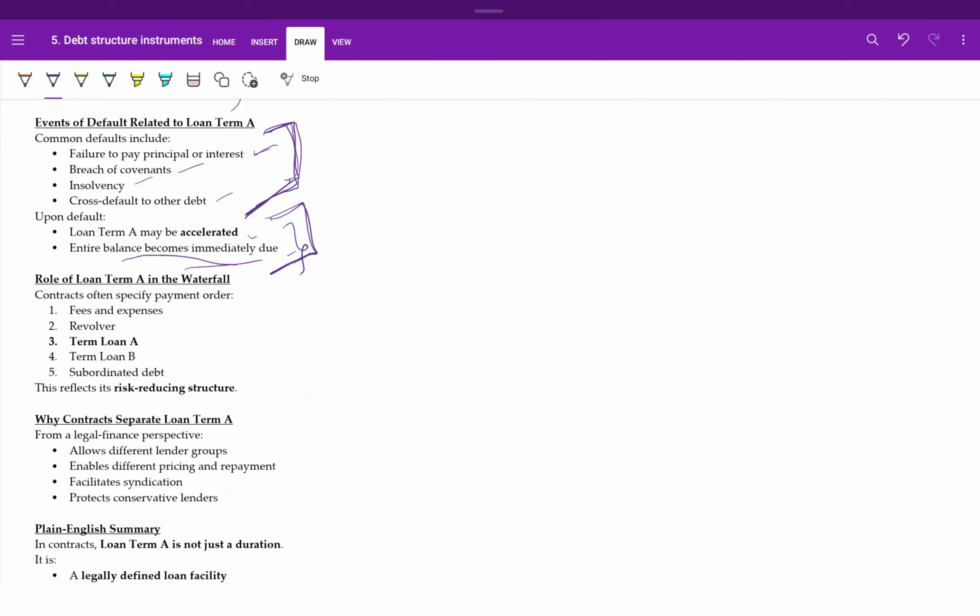So you need to understand term loan A because during the waterfall structure, we need to keep all these factors in mind. This is why we are talking about all this in detail.